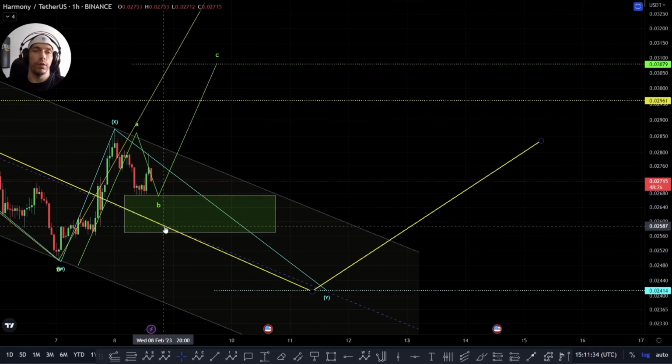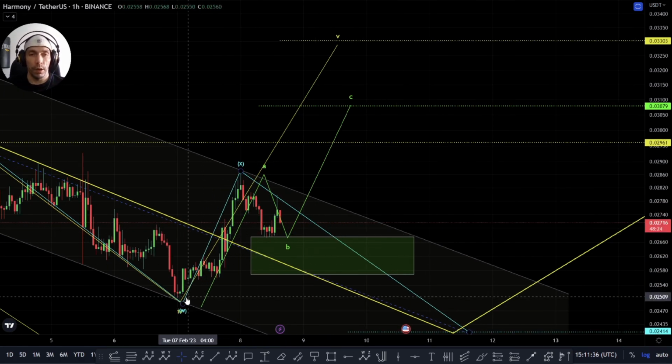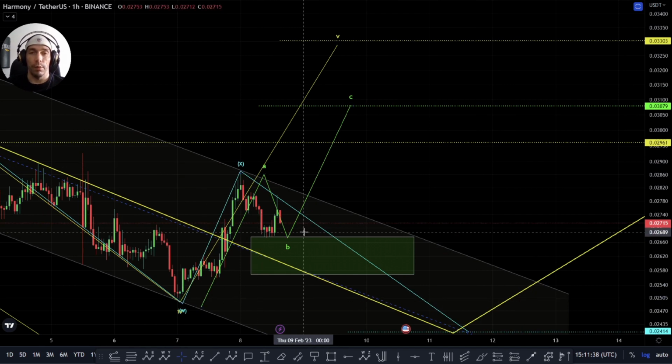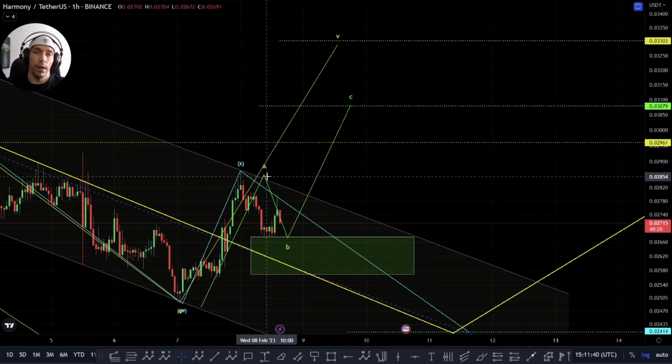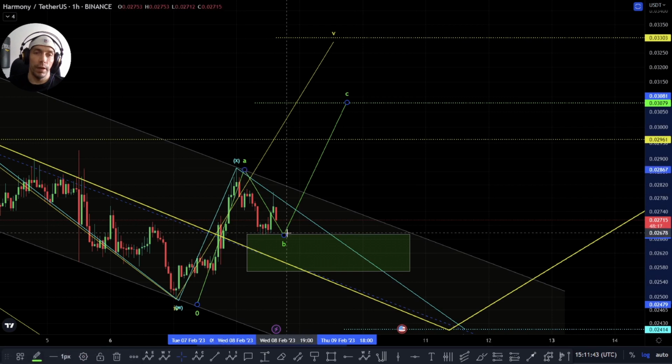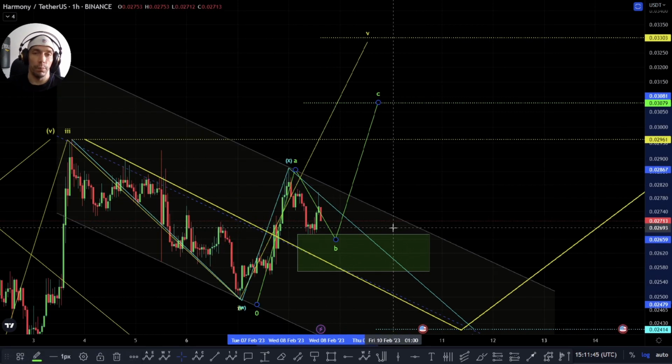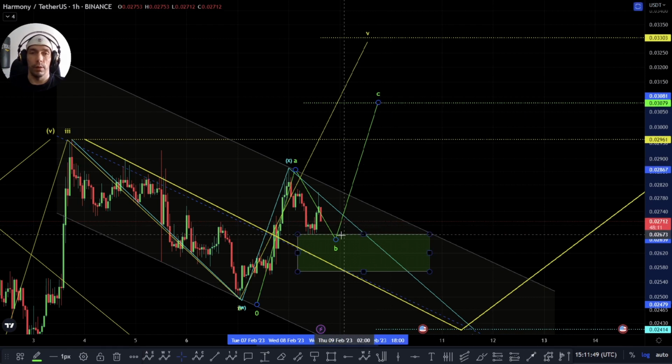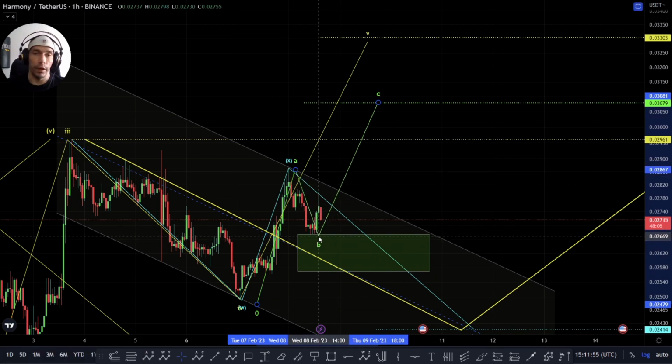There is also the potential here, I forgot to mention, that if we do manage to hold this low point and we actually look to push to the upside, we could see something like this play out, where we form this as a B wave here, and then we push up for the C wave to this area here. A 1-to-1 would bring us to this 3079 off of the current area.